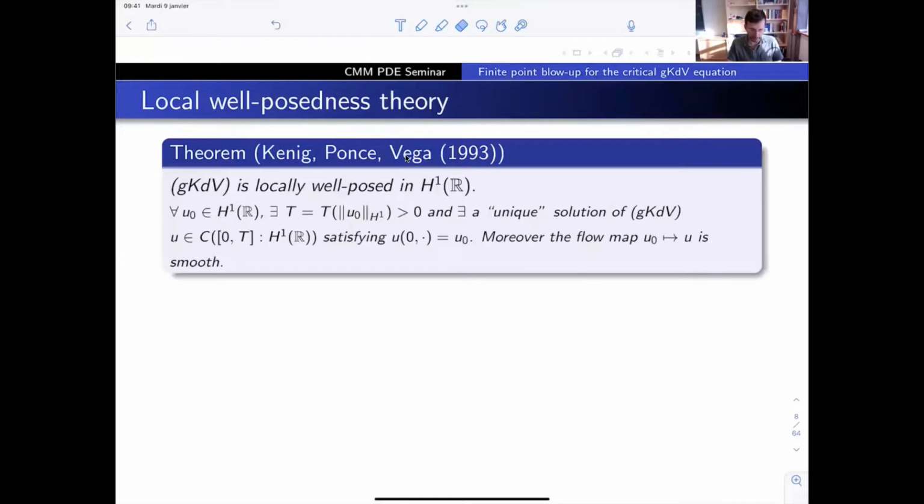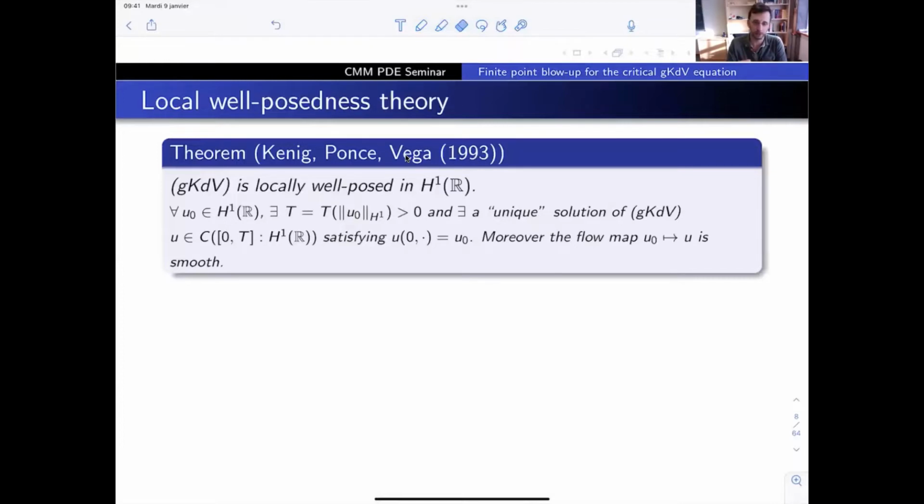It means that for any initial data in H1, there exists a positive time, which depends on the norm of H1, and there exists a unique solution U of this equation, which describes a continuous curve into H1, and which satisfies U at T equal to 0 is equal to U naught. Moreover, the flow map, which to U naught associates U, is smooth.